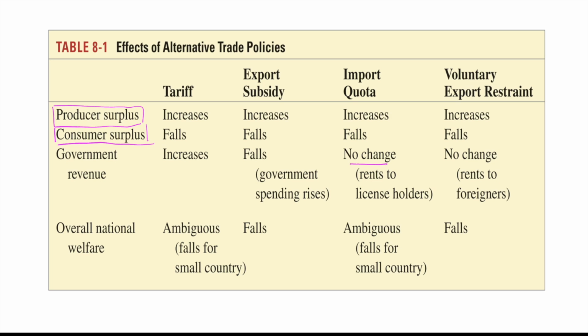National welfare falls in almost all cases, except for a tariff and an import quota when it is a large country, where there may be some social gains, but there also may be losses. So overall, consumers always suffer from these trade policies, producers benefit, and overall, producers typically benefit less than the suffering that is imposed on the consumers.